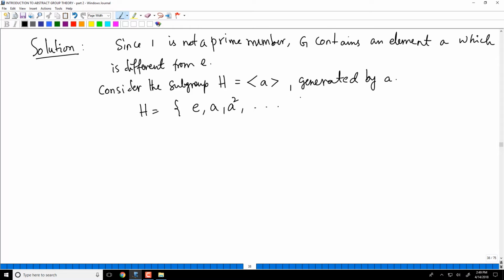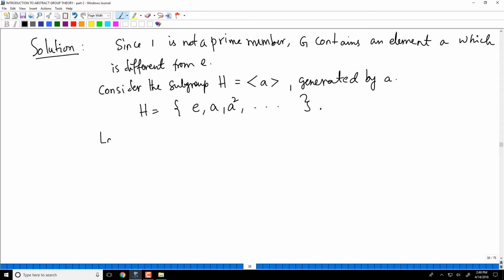And because it's a finite group, it will stop somewhere, and inverses of A will also be included in this. So I'm not going to write A to the power minus 1 and so on, because some positive integer power of A will be equal to A to the power minus 1.